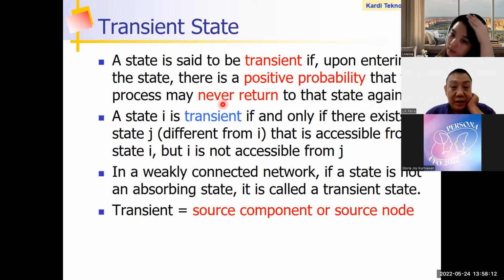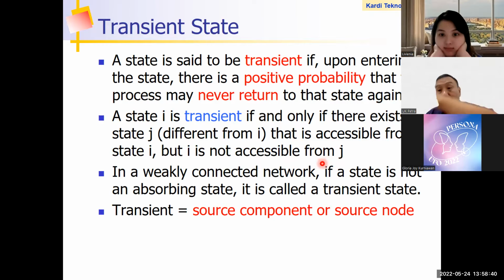Now, again, the state is called transient if upon entering the state, there is a positive probability that the process never returns to that state again. Formally, we can say that state i is transient if and only if there exists a state j different from i that is accessible from state i, but i is not accessible from j.